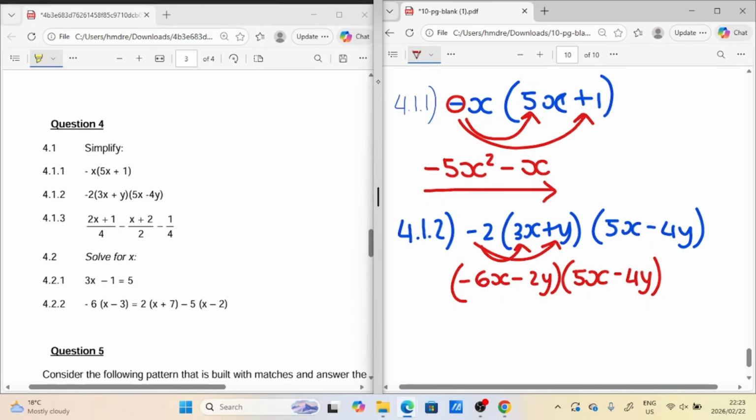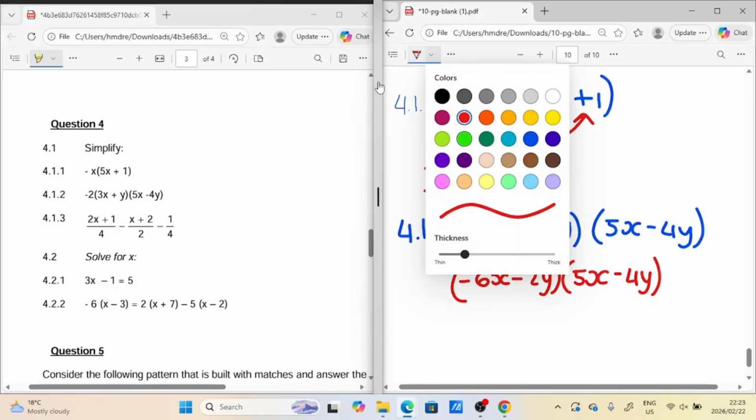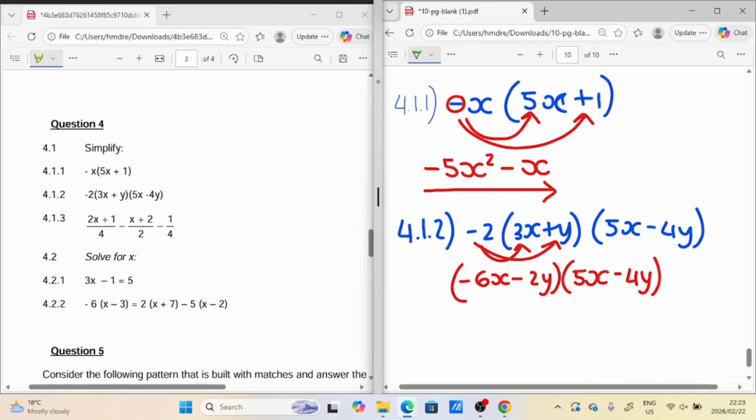Okay, so let's get a different color. This one we've got to do what we call FOIL. So first, then outer, then inner, then last. Okay, so we're going to do our first terms. So minus 6x times 5x. So that's going to be minus 30x squared.